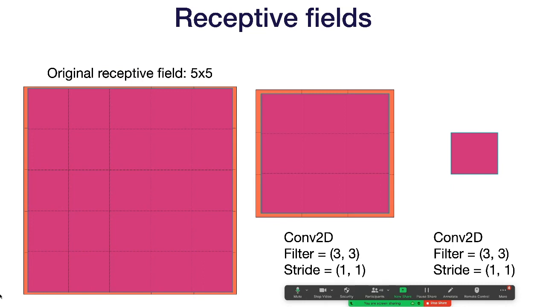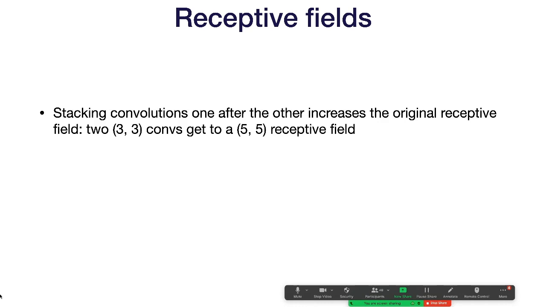And so the receptive field of this single output in the input is all 5 by 5 pixels.